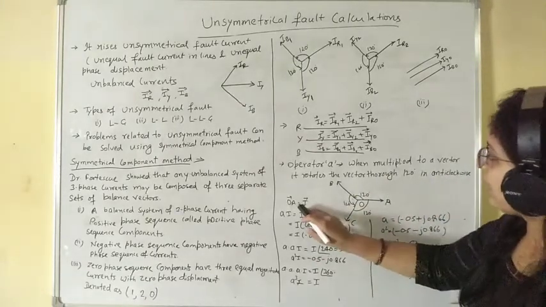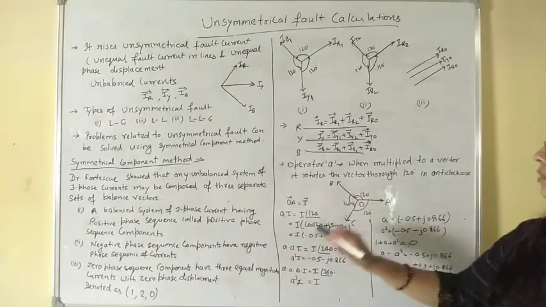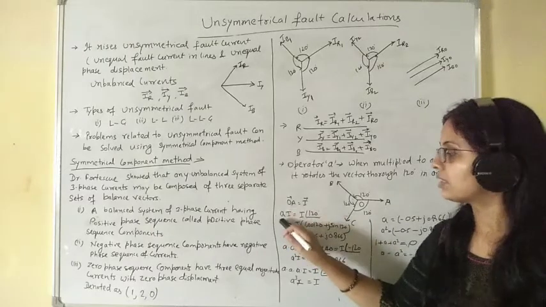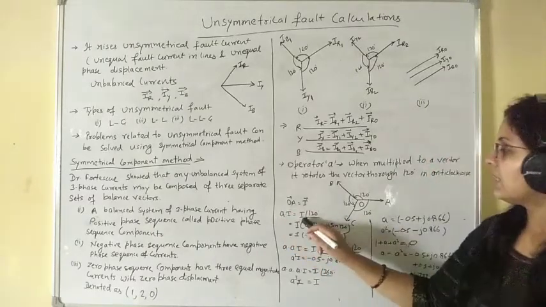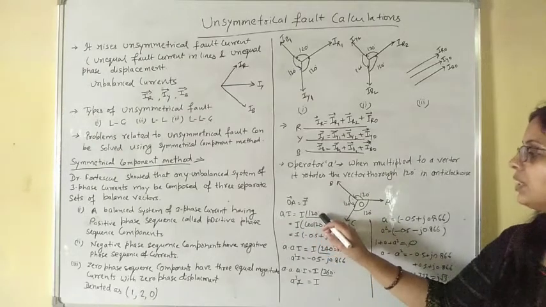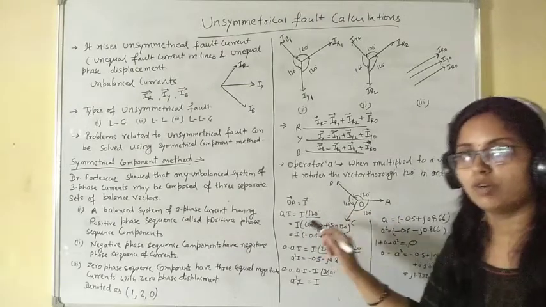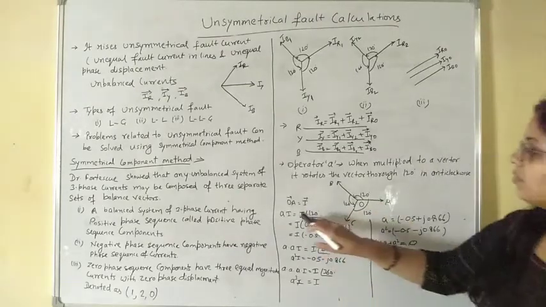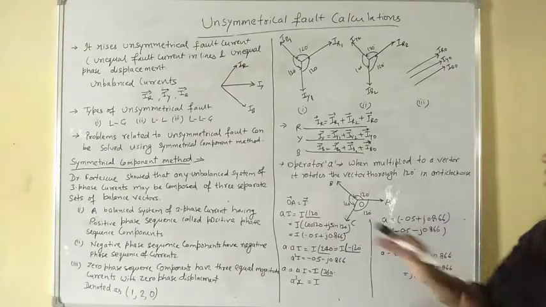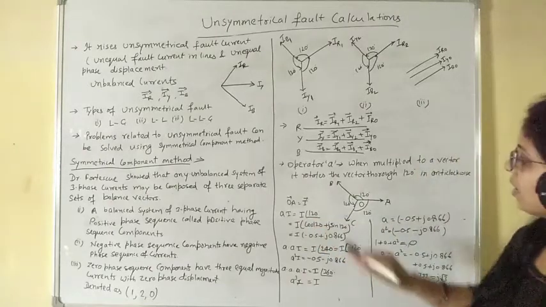Let us consider a vector OA, that is vector I. When we multiply this vector I with the multiplication factor operator A, we can write it as I angle 120 degrees. So this is what it is in polar form. What is polar form? When we write the magnitude and angle of that point simultaneously, then it is called polar form.